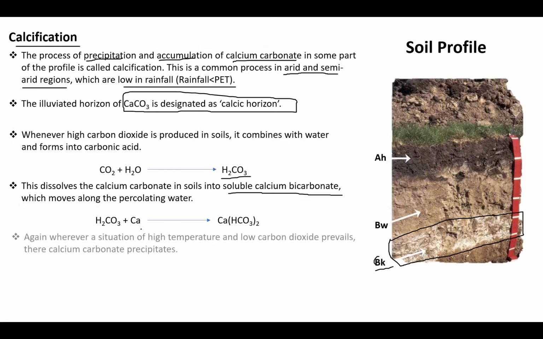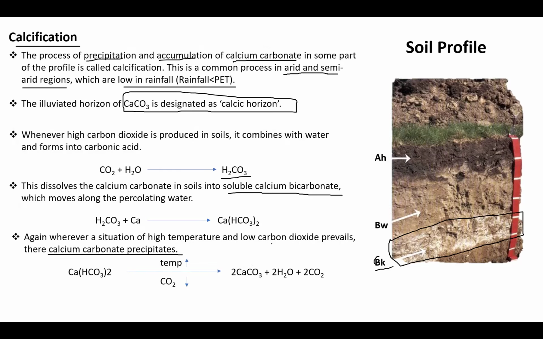And again, where high temperature and low carbon dioxide prevail, calcium carbonate precipitation takes place, as shown in this image. So ultimately, in one word, water combines with carbon dioxide and leads to carbonic acid, and that carbonic acid dissolves the calcium carbonate present in the soil and forms a soluble form, calcium bicarbonate.